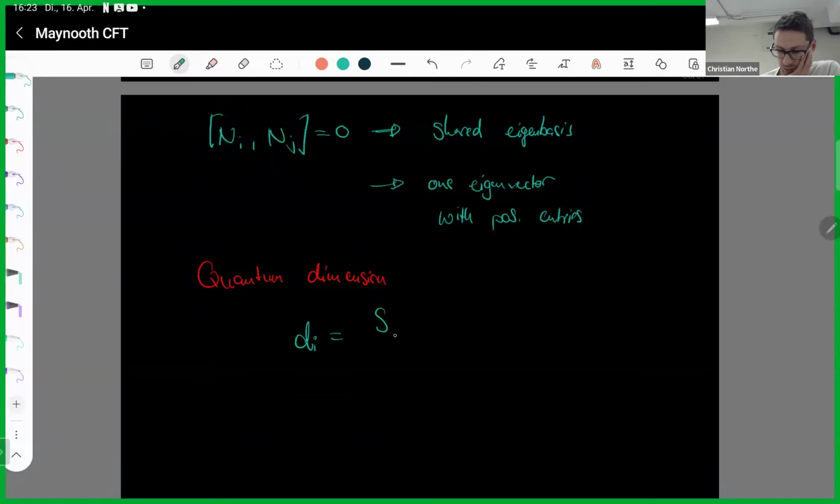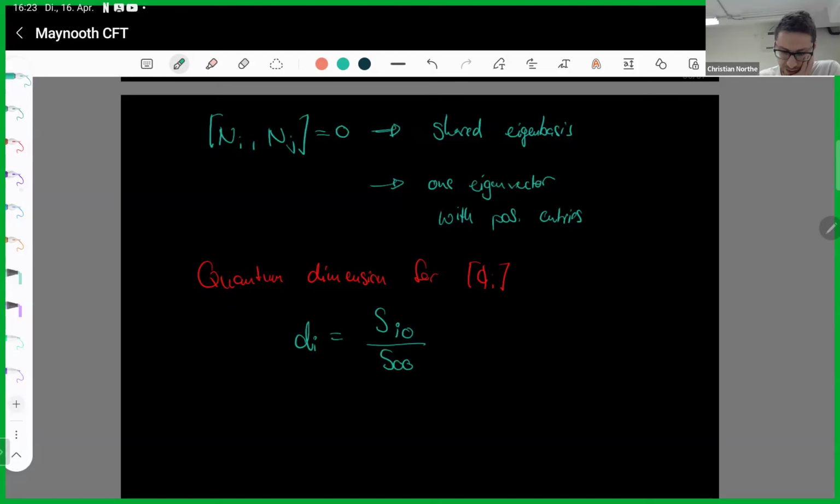And you can write the quantum dimensions as follows. So the quantum dimension for a family I is just this.